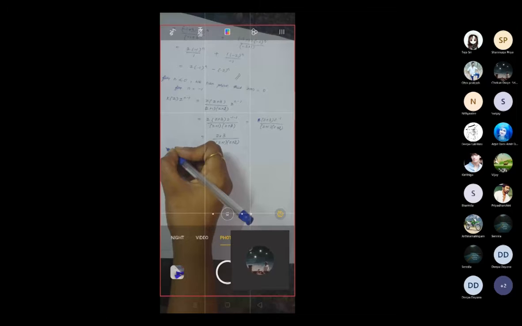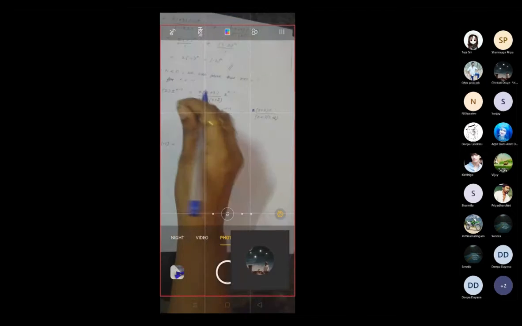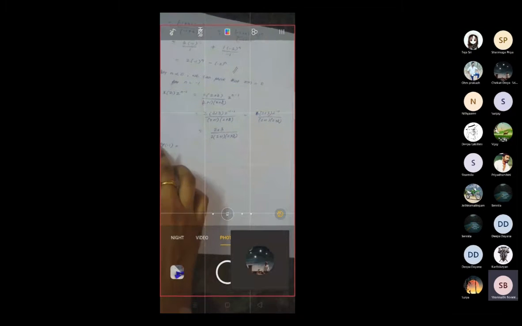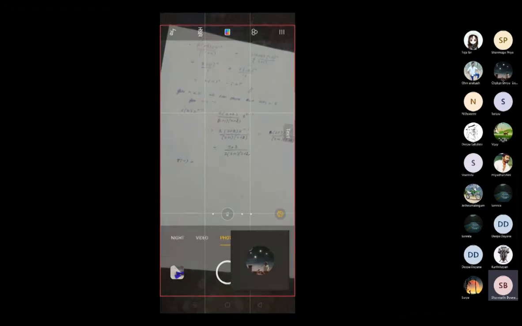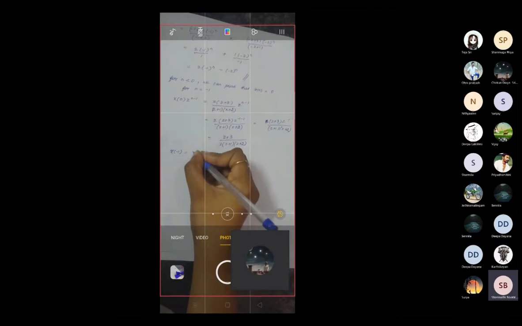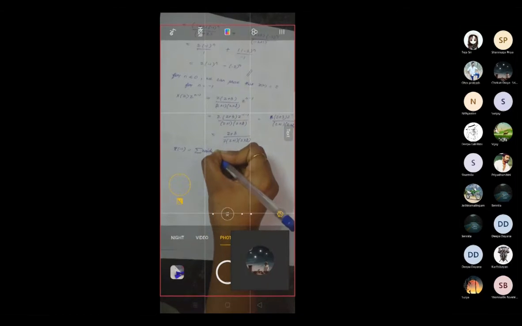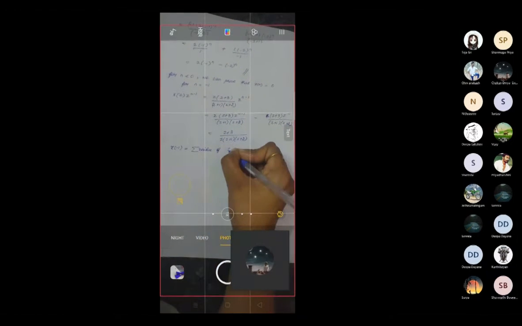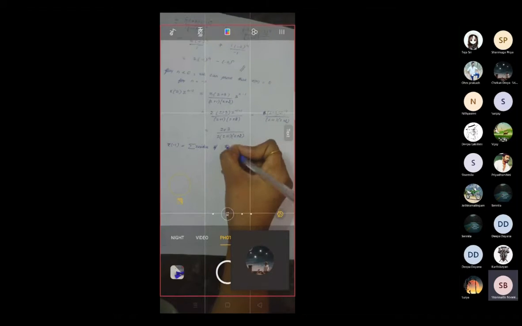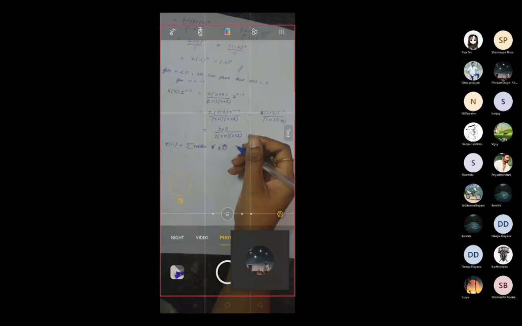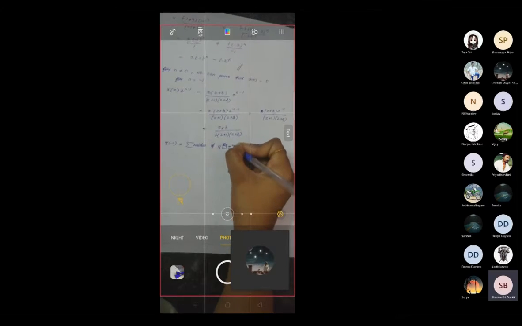Okay, so x of minus 1, because here I am going to consider n value as minus 1 now. So in the place of x of n, I am going to replace n as minus 1, will be equal to summation residue of x of z into z power n minus 1.